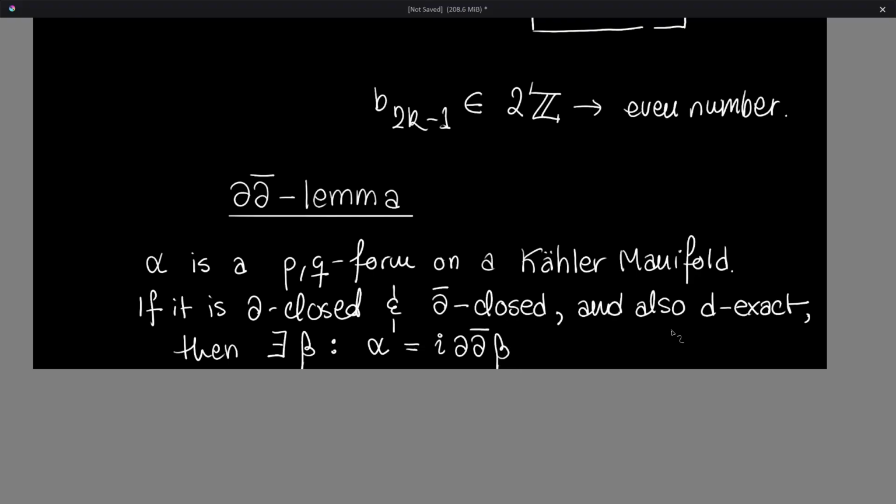And that's where the name ∂∂̄ lemma comes from. So we need to prove that this beta exists, and that's what we're going to do next. So let's get right into trying to, well, this is going to be a justification.